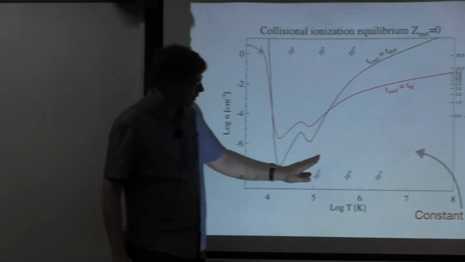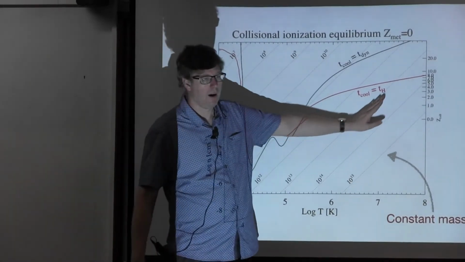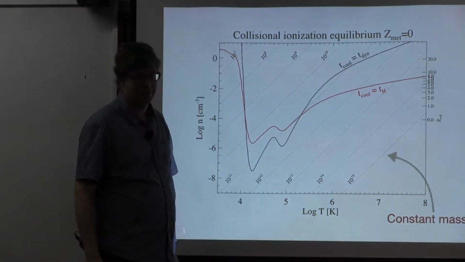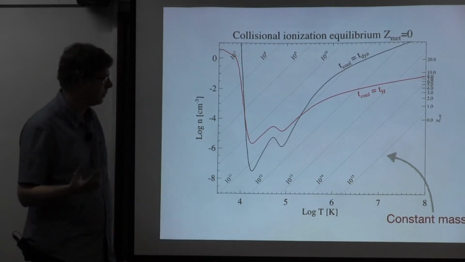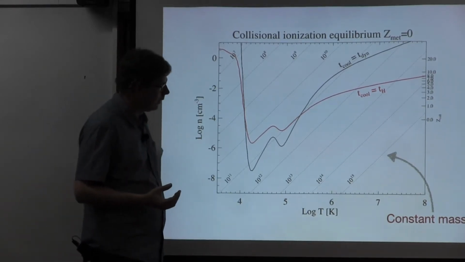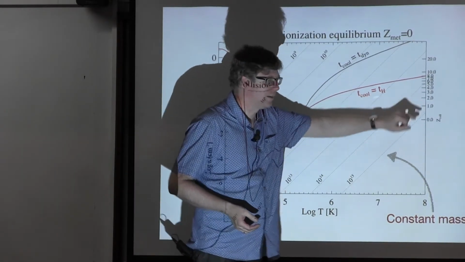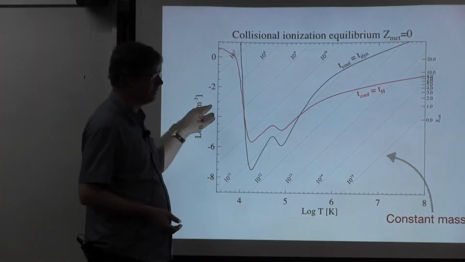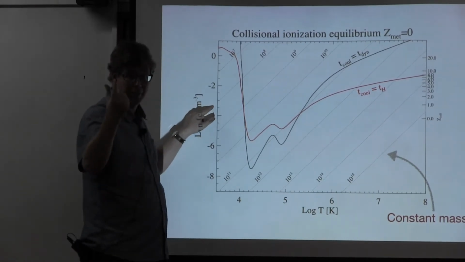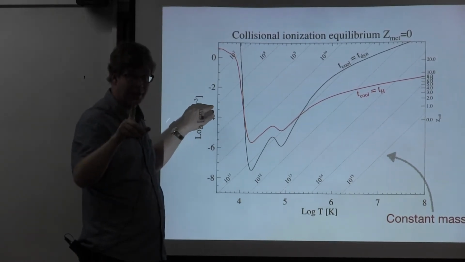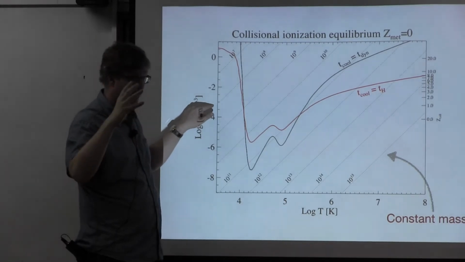These lines are constant gas mass lines. And I've also written down at what redshift this density leads to collapse. So that's the collapse criterion that I gave you yesterday for the virialized collapse.